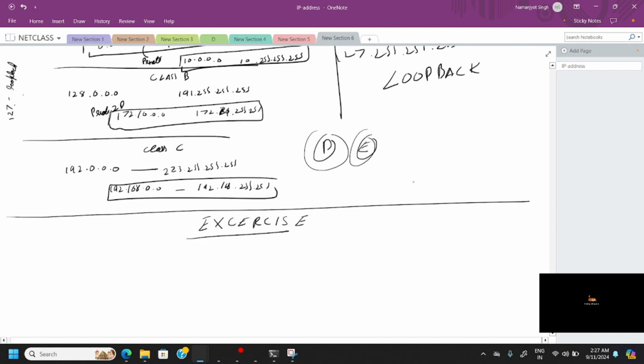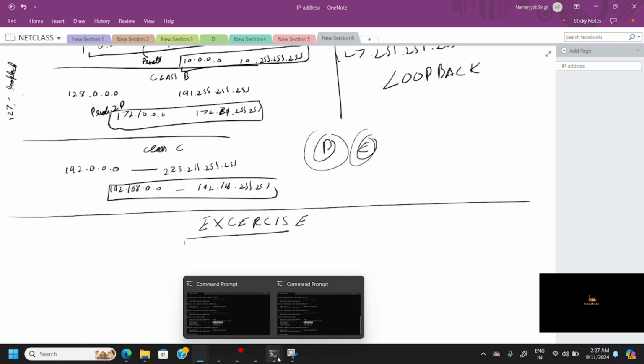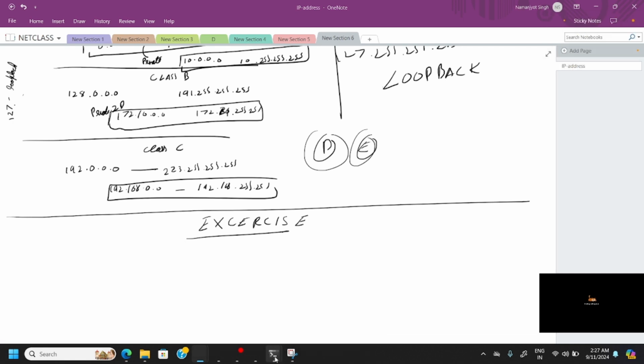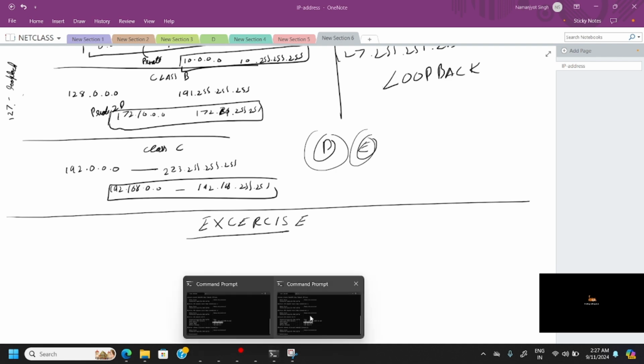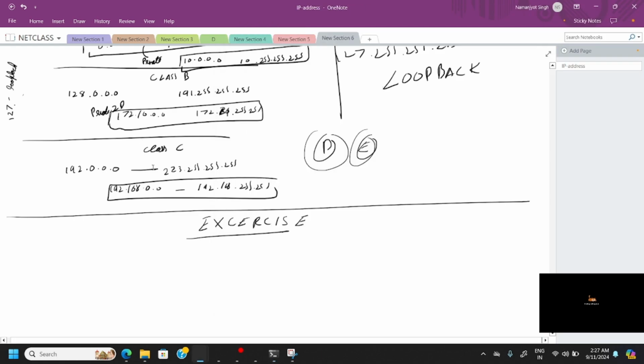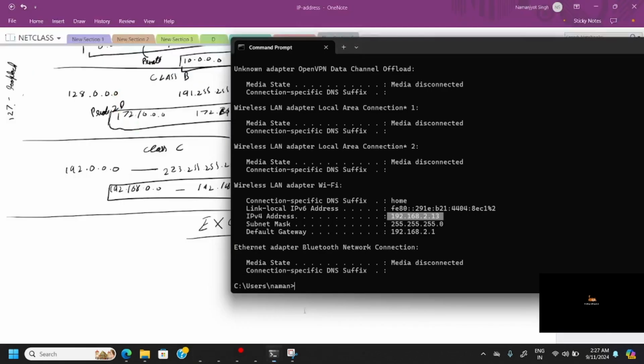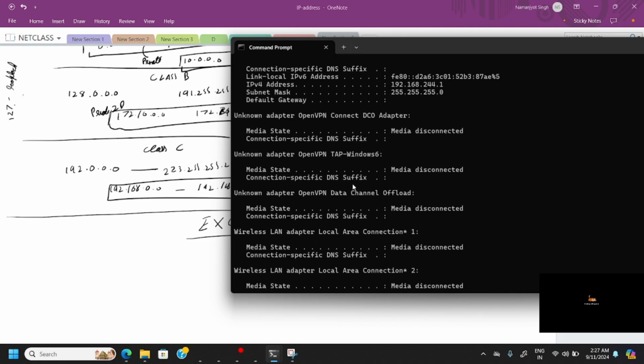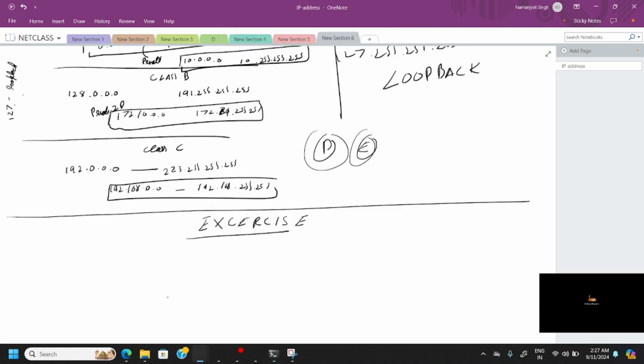Let's take an IP address from the system only. Let's take this IP, 192.168.244.1.